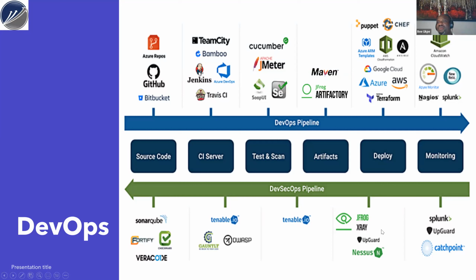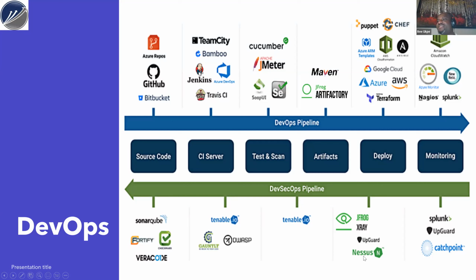Here is another, if you're using DevSecOps, DevSecOps also has some tools that you can use. I mentioned SonarQube, Fortify, Tenable. You have JFrog Xray. Xray is another good one. You have Splunk, you have Nexus here.